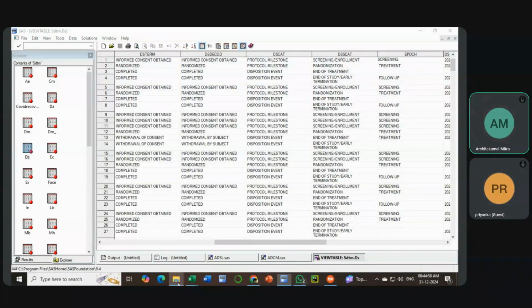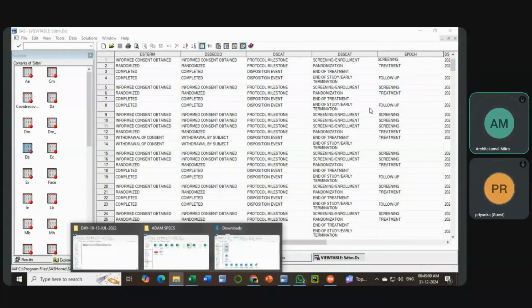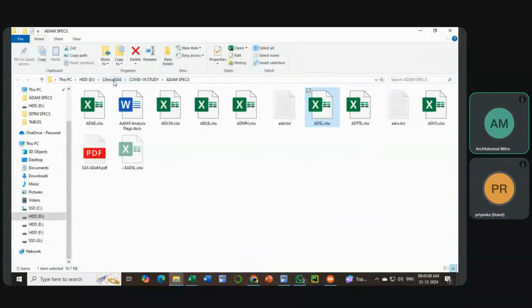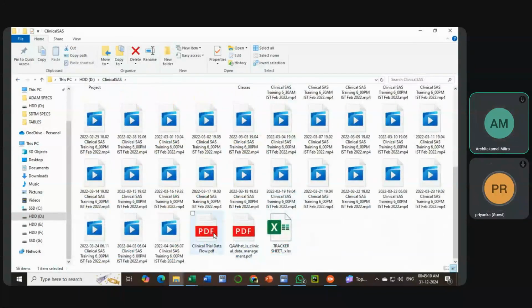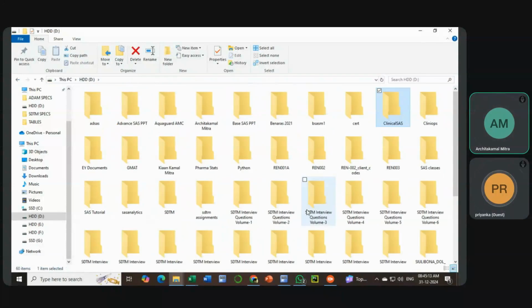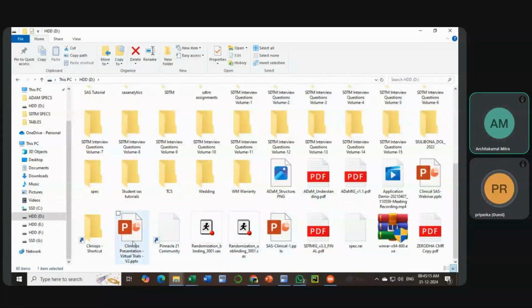If you see an example, this is for the CM domain, okay? Now, if we go back to DS, the CM domain, just the CM domain.